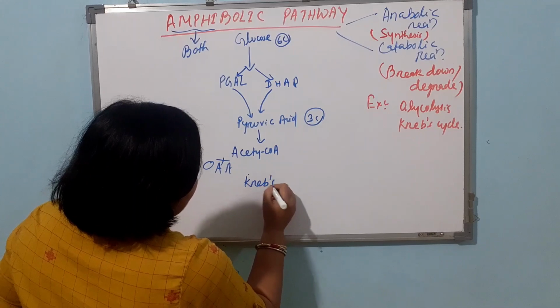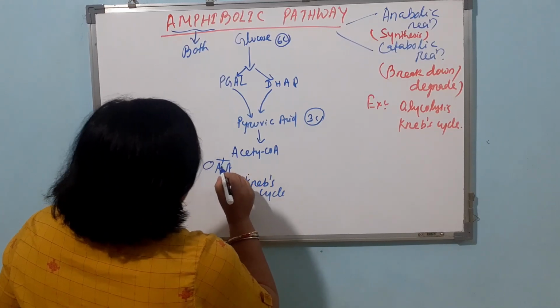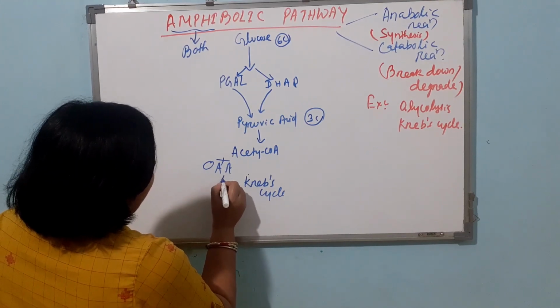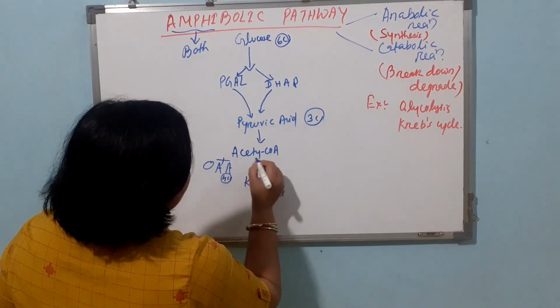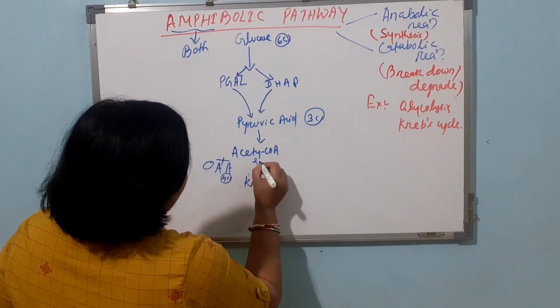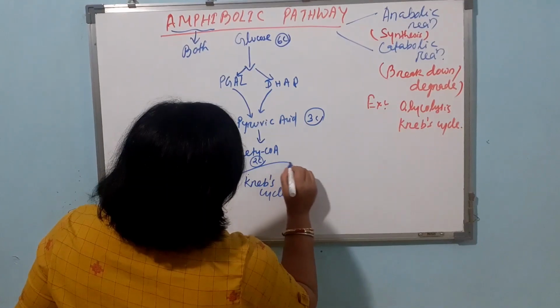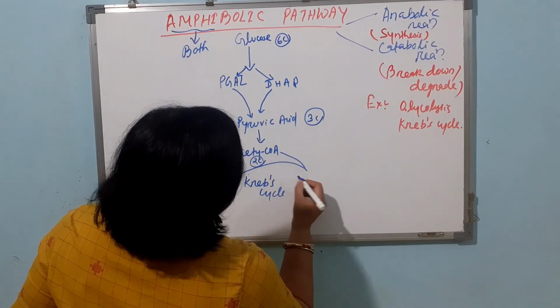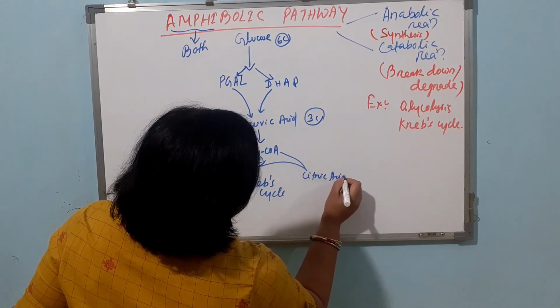So in the Krebs cycle, oxaloacetic acid, which is a 4 carbon containing molecule, combines with acetyl coenzyme A, which is a 2 carbon containing molecule. Both combine to form citric acid.